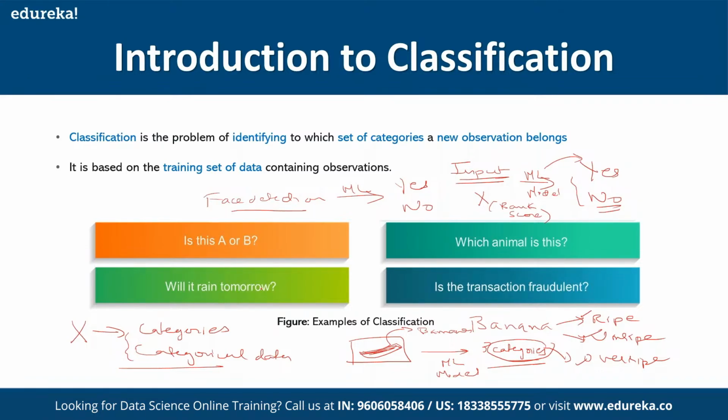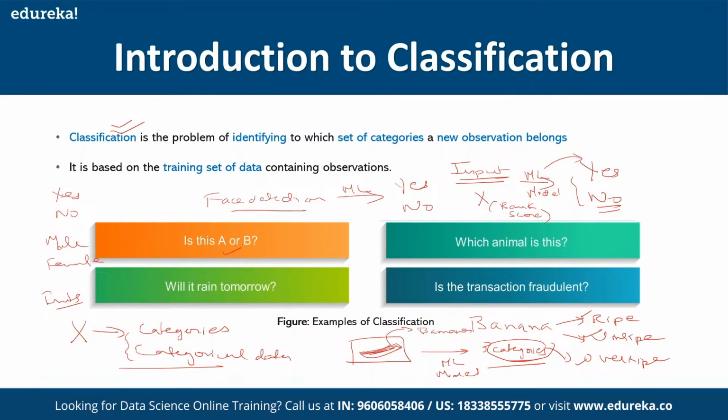Basically when your input is to be divided into yes or no, or male female, or into different buckets of fruits, etc., then we say that it's a classification problem.